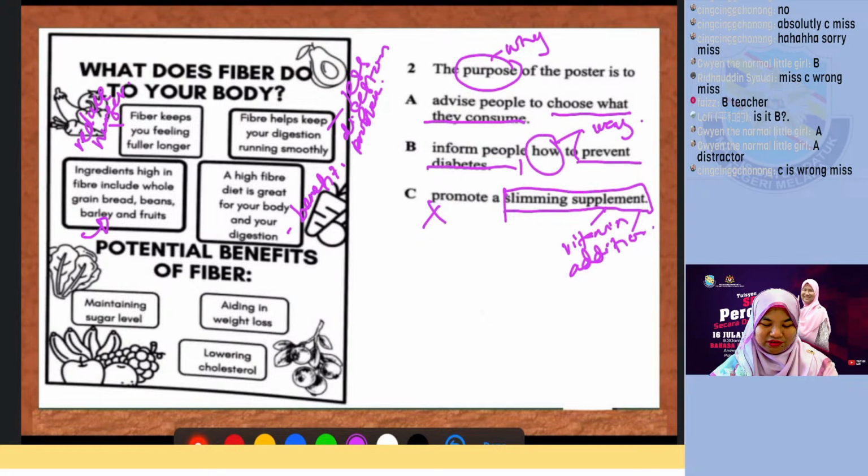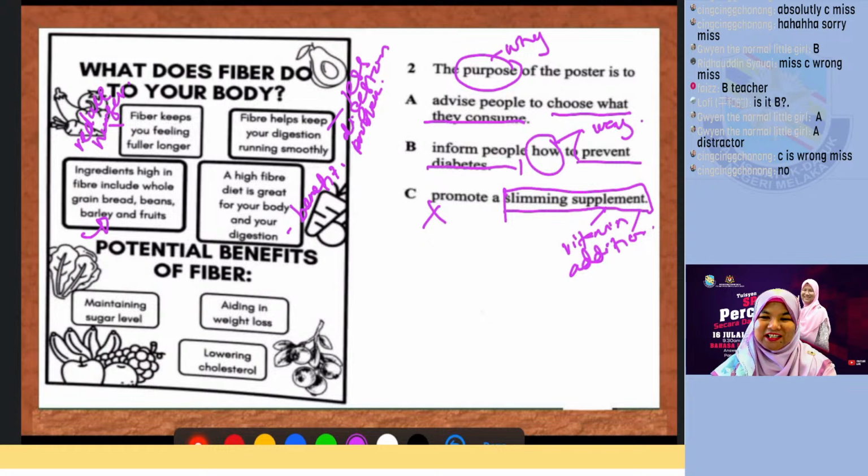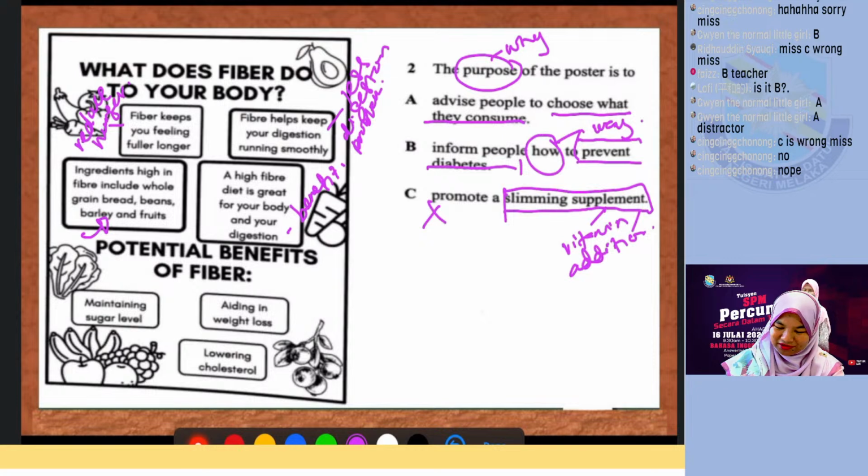Based on what I said, there is no mention of ways to prevent diabetes here. So it means that B is not the answer. B is actually the distractor. That's why you need to focus on what I underline: prevent diabetes. There is not even a mention of diabetes here. So the most correct answer is A.